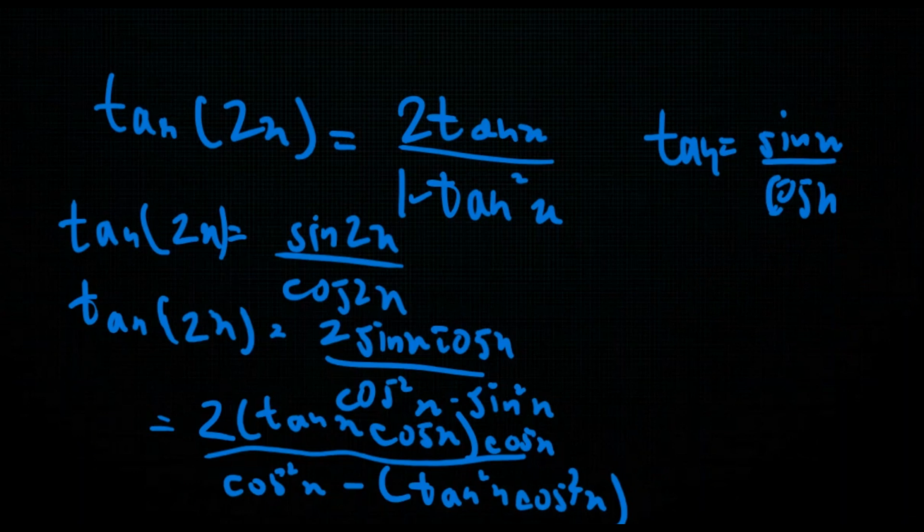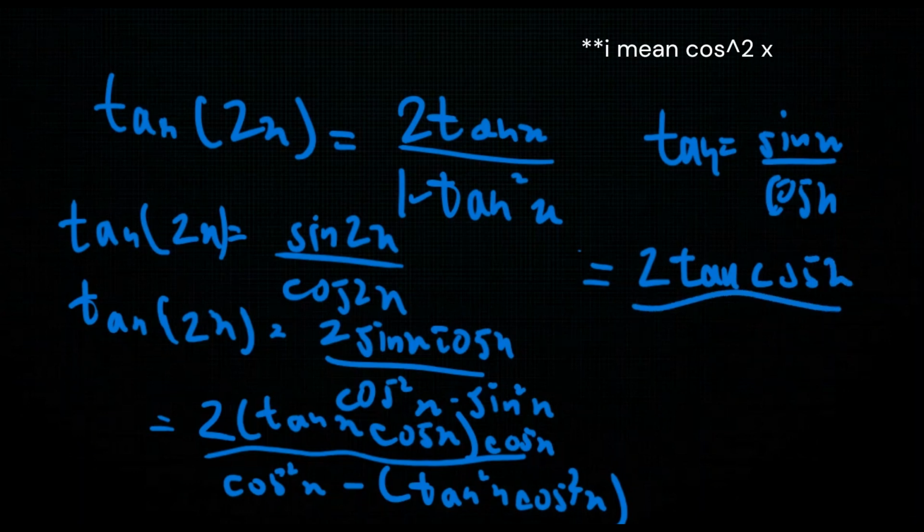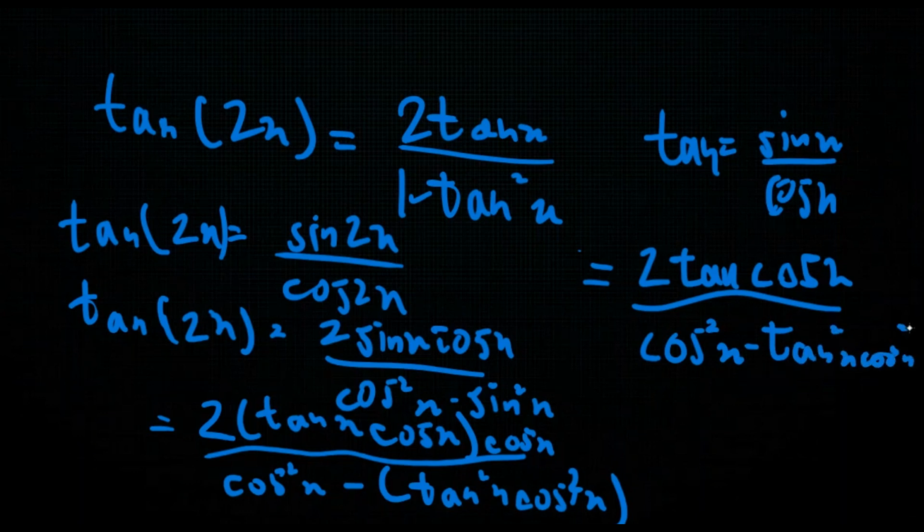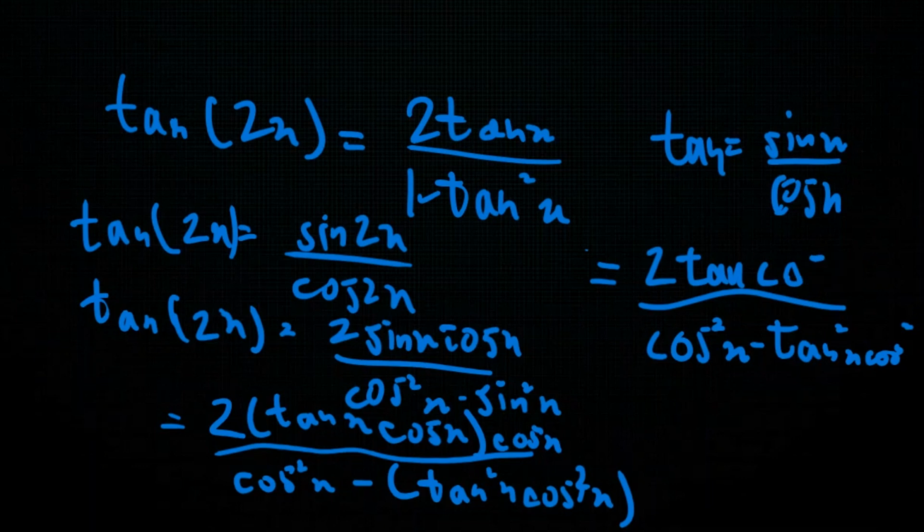Now let's simplify the expression as 2 tan x cos squared x by cos squared x minus tan squared x cosine squared x. This is going to be cos squared x actually. My bad.